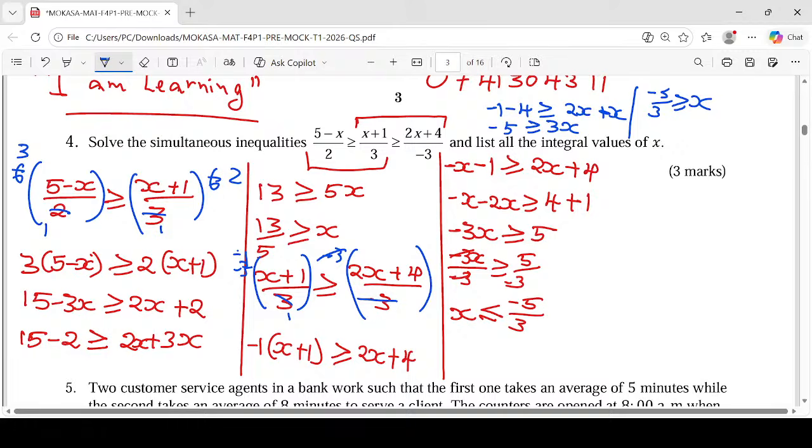We had, what is the negative thing here?